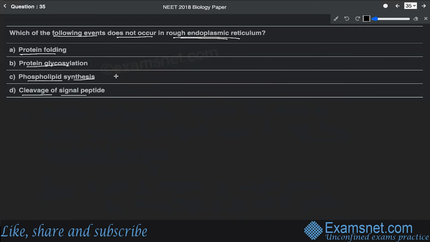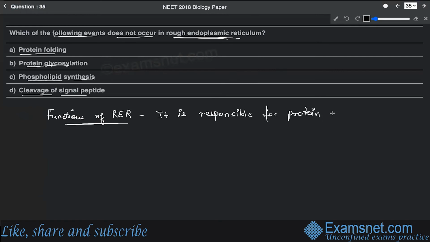All right. So the functions of rough endoplasmic reticulum, it is primarily responsible for protein synthesis. Apart from that, it is also responsible for protein folding as well.